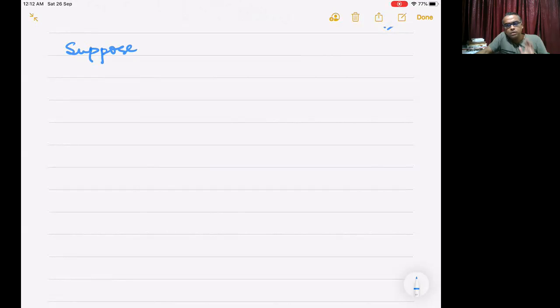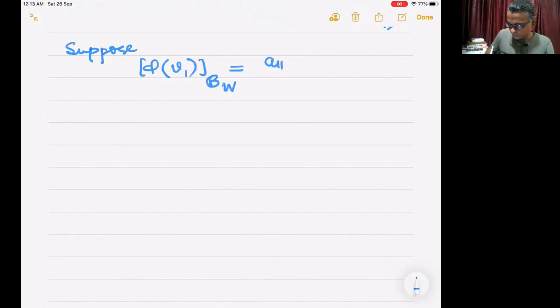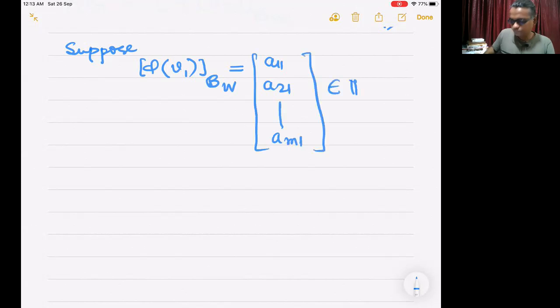Now with that in mind, suppose phi acting on the first basis vector, its representation in BW, happens to be A11, A21, up to Am1. This column of size m is a typical vector in F^m.